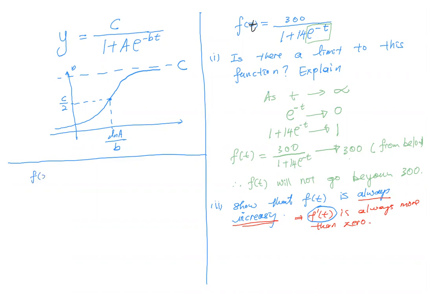So I should rewrite f(t) like that, because up there is a number. Am I right? Then I start to use the chain rule.